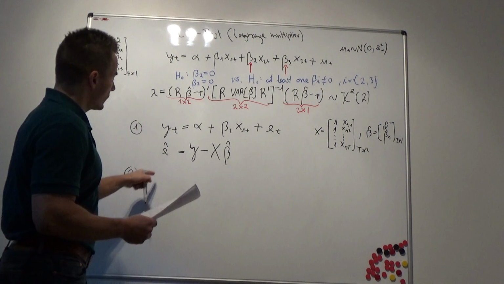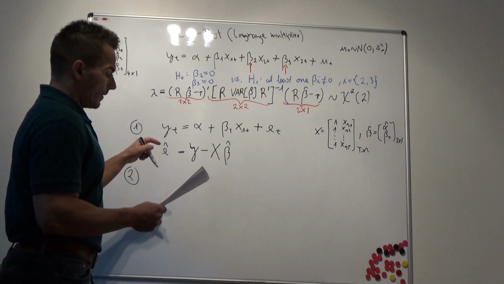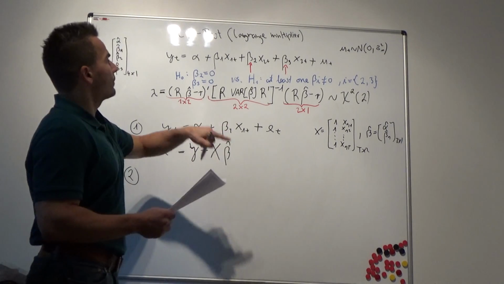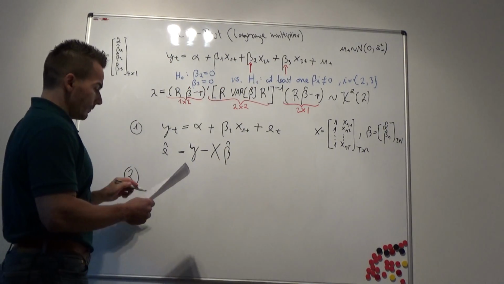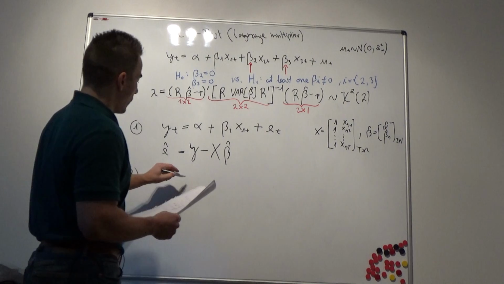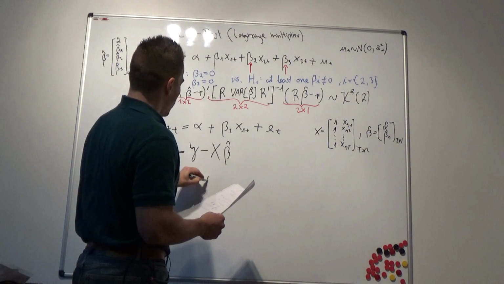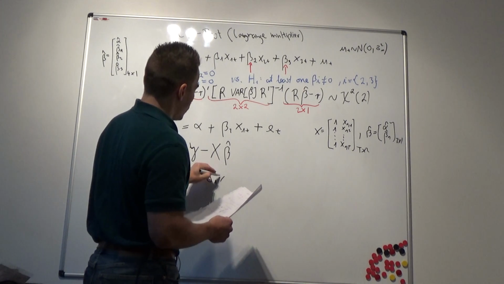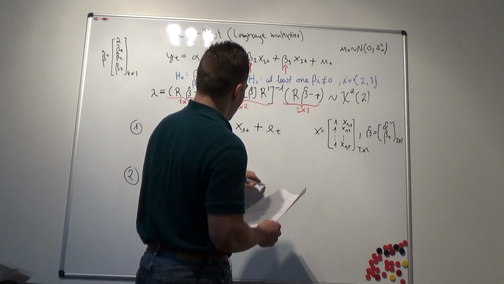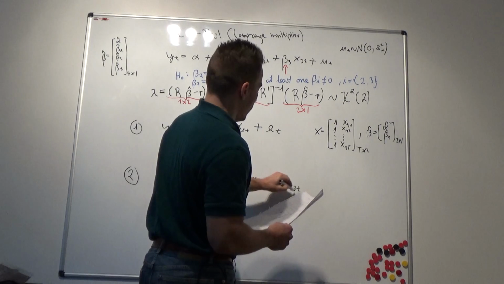The second step is then that we regress our estimated residuals from the null model on the variables from the null model and the alternative model. So we have the regression equation e hat_t equals, let's call it delta 0, an intercept term, plus delta 1 times x_1t plus delta 2 times x_2t plus delta 3 times x_3t.